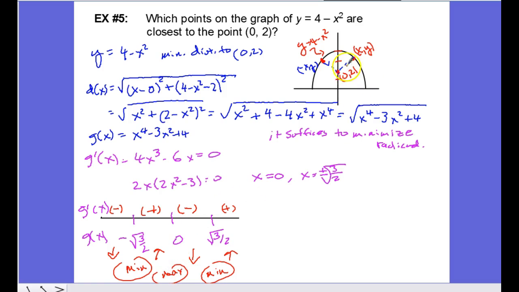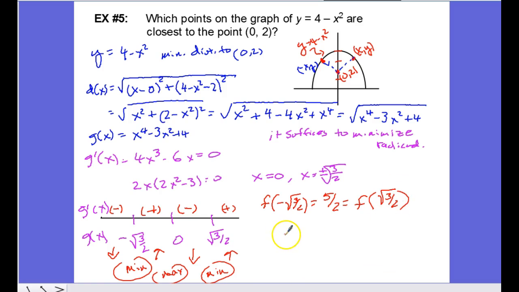So if we picked (0, 4), that would actually give the greatest possible distance of a point on the parabola to (0, 2). So these are the 2 points that we're going to need to use. Let's see if we can find the corresponding y values. We will do f of negative square root of 3/2, and that's going to give us 5/2, and that's also the same as f of positive square root of 3/2.